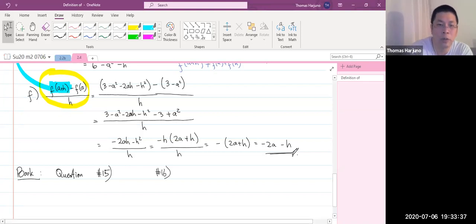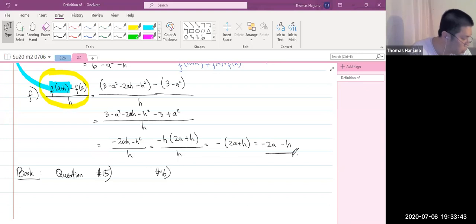Once you're done with that, while I try to quote that from the textbook, I would like you to also take a look at number 18. On number 18, they give you the graph, and you need to find the domain and the range of that graph.